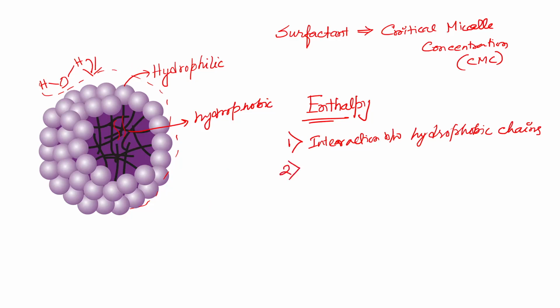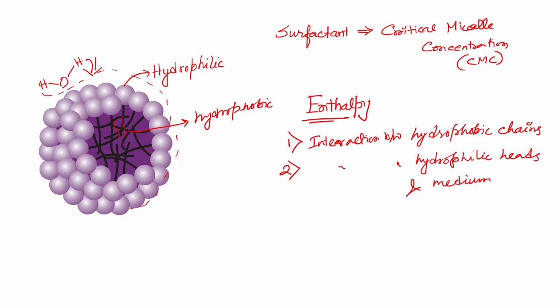The next interaction, which is more important, is the interaction between the hydrophilic heads that are protecting the hydrophobic chains, and the medium. It can be polar, non-polar, or different, but we think it is generally formed nicely in a polar medium. If the interaction with the polar medium is favorable, then this becomes negative, and if not, then it becomes less negative or positive.